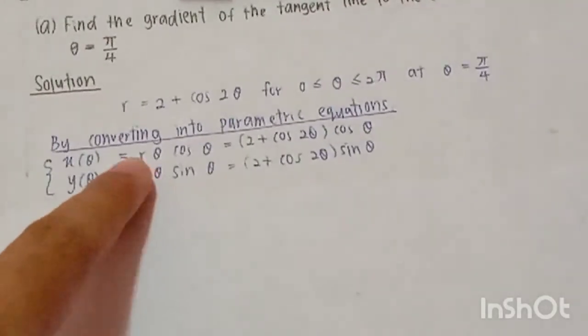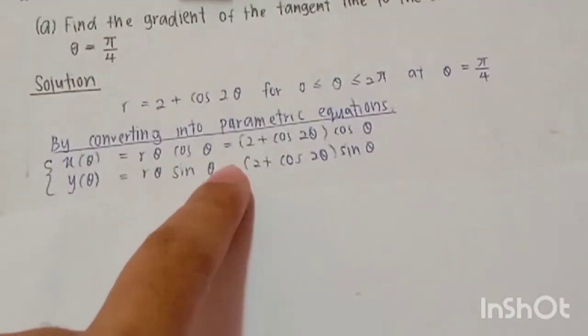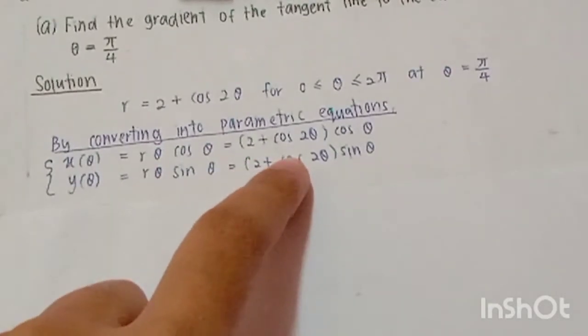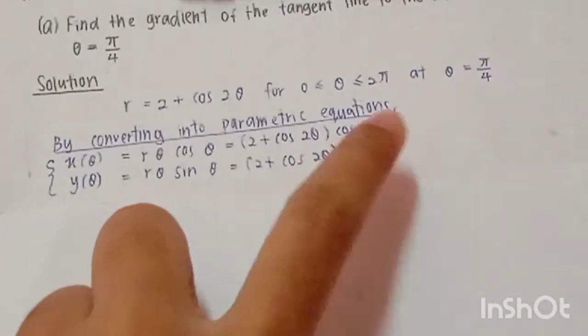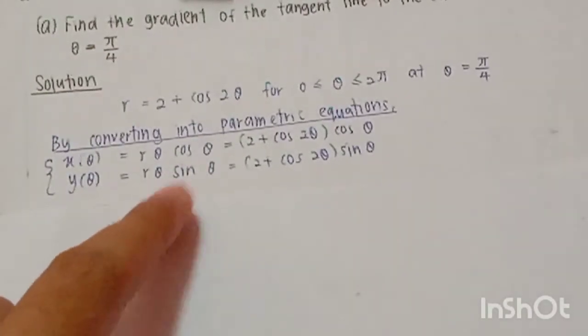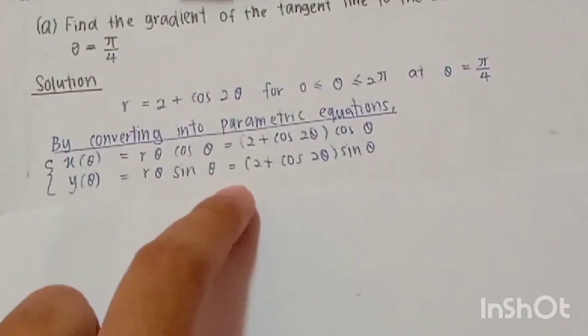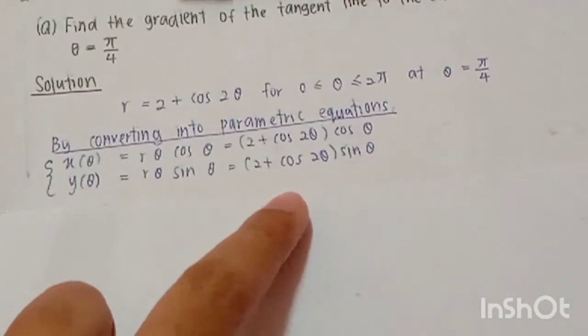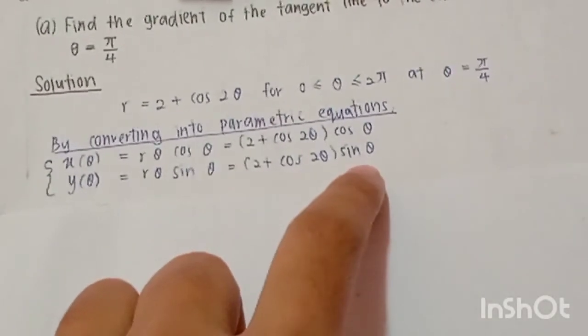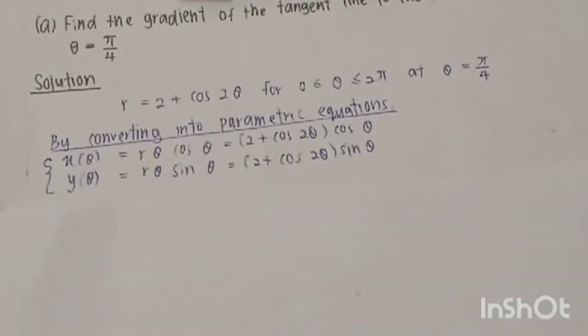x of theta equals r of theta cos theta, which is open bracket 2 plus cos 2 theta close bracket times cos theta. And then y of theta equals r of theta sin theta, which is open bracket 2 plus cos 2 theta close bracket times sin theta.